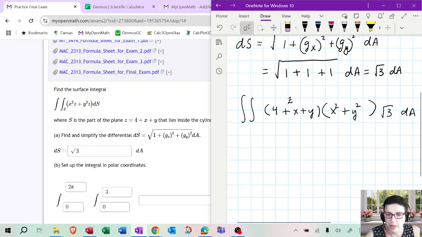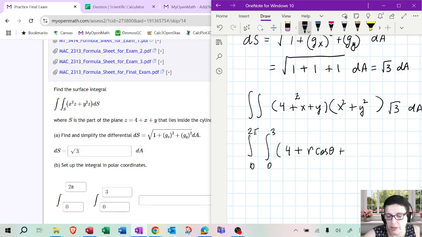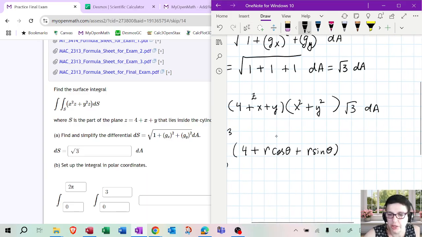Okay, let's substitute. We are integrating from 0 to 2 pi and from 0 to 3: 4 plus, instead of x, r cosine theta, instead of y, r sine theta. Instead of x squared plus y squared, we put r squared. We also need to remember the extra r, and then we have the square root of 3, and that's dr d theta.